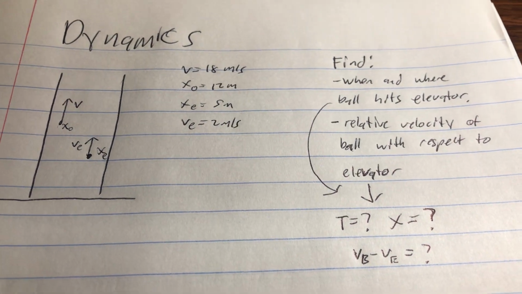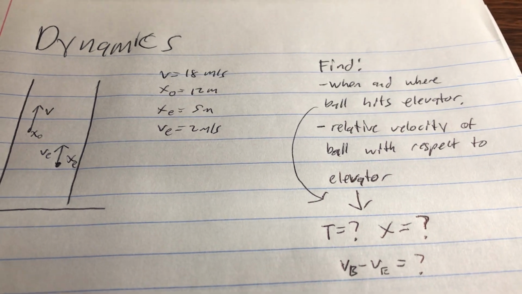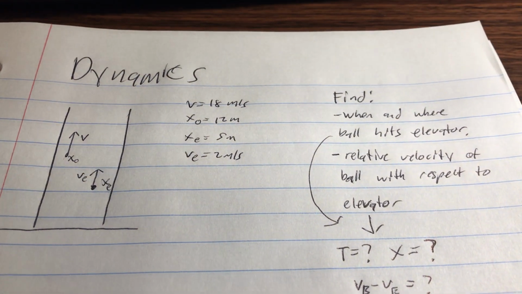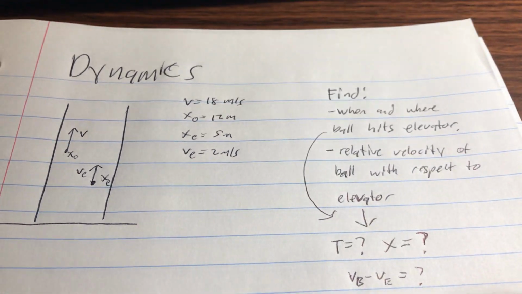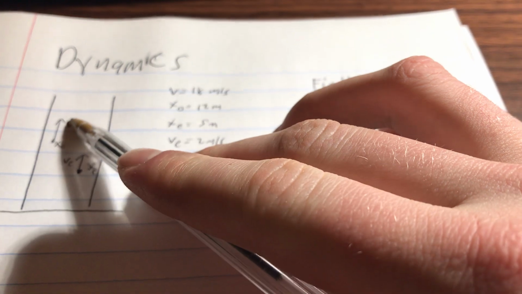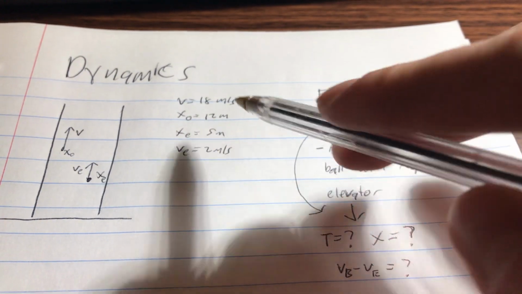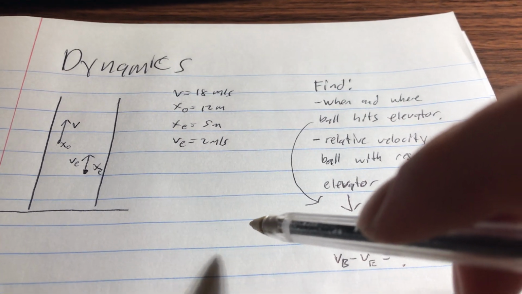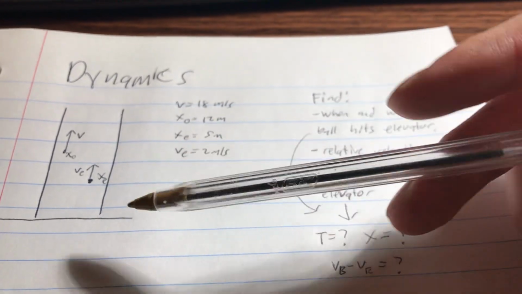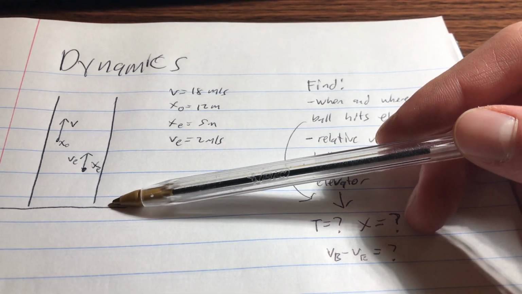The problem states: in an elevator shaft, a ball is thrown vertically upward with an initial velocity of 18 meters per second and from a height of 12 meters, so x naught.